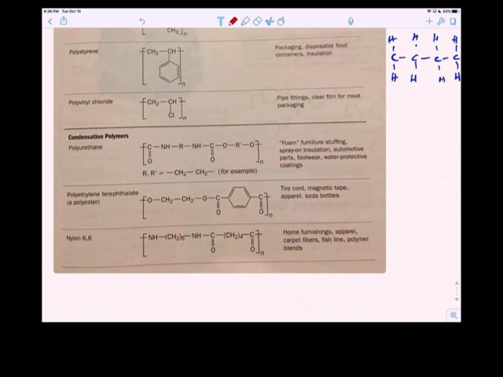Polyethylene terephthalate. So polyester means many esters. An ester, this is right here, the ester group. You have a carboxylic acid group, the C double bond O. And if this was an H, this thing circled in red would be a carboxylic acid group.